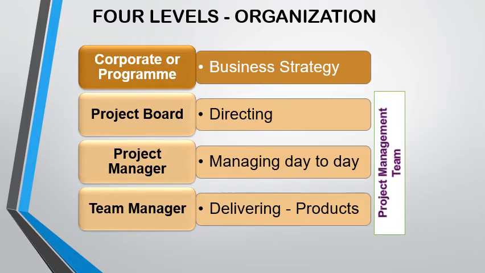So have this picture at the back of your mind all the time during the course of our discussion, because this is very important. This is the structure of accountability that we use in PRINCE2. So let's discuss the interests on the next slide.